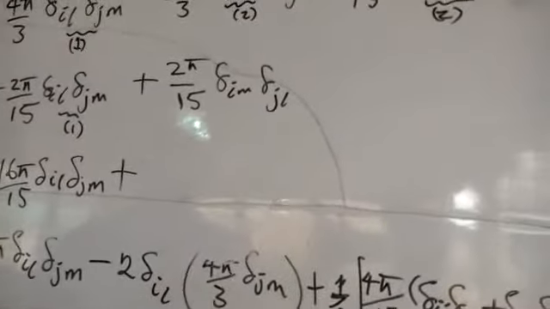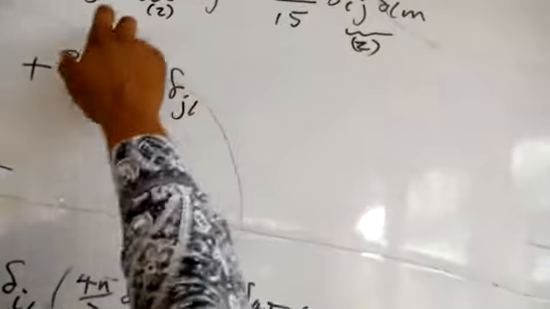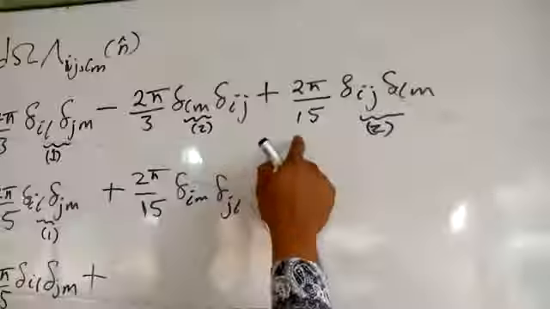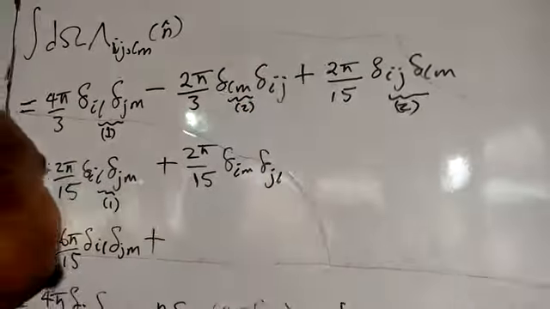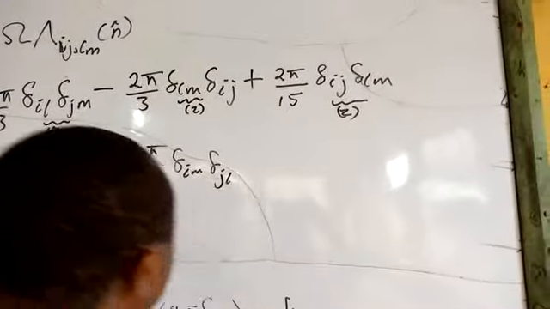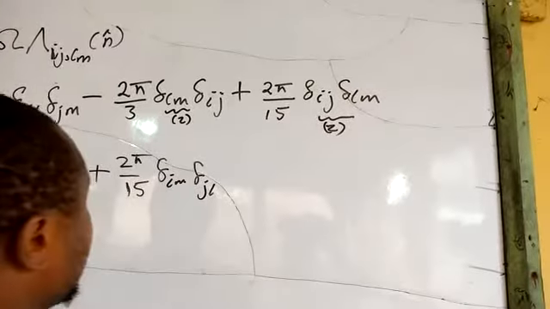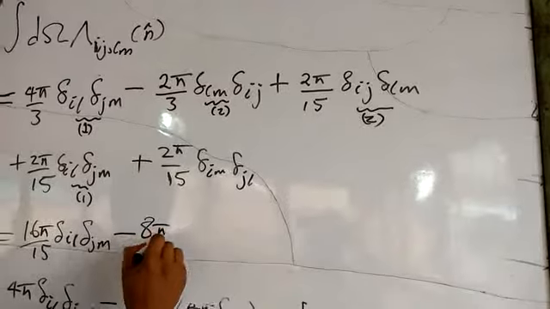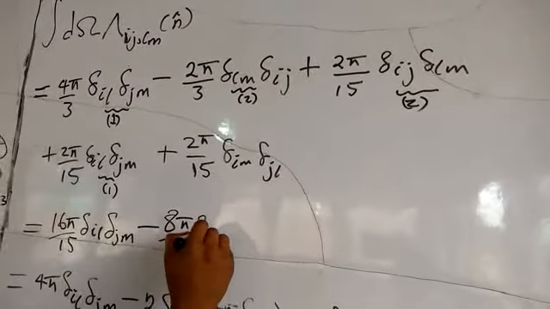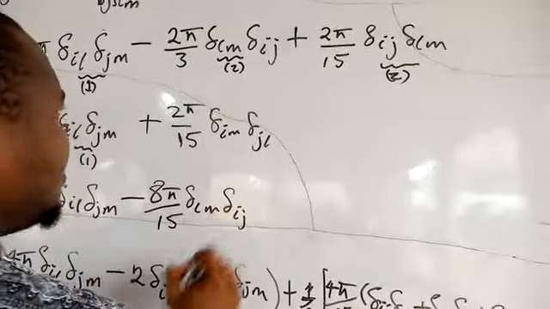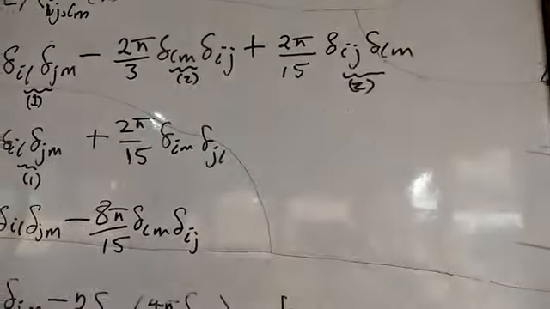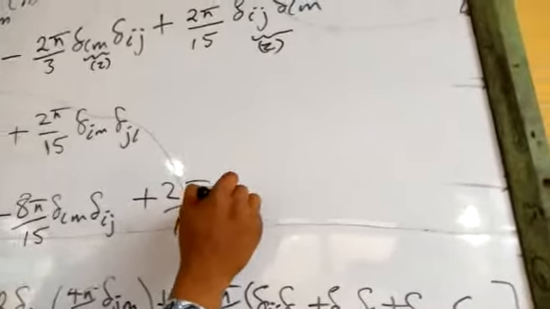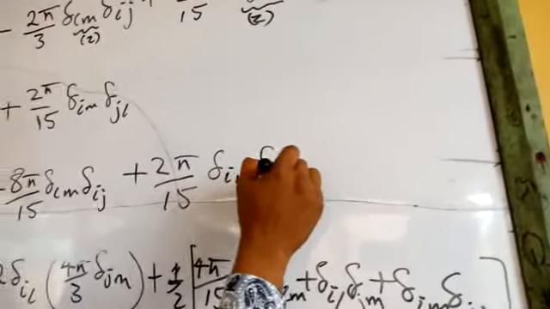Now combining again the 2's, which is this and this, as you can see, I'm having a minus, so it will be 2π minus 10. And so it's going to be simply minus 8π all over 15, delta_im and ij over there. Then of course this one here that I'm not combining with anything remains 2π all over 15, delta_im and delta_ji.